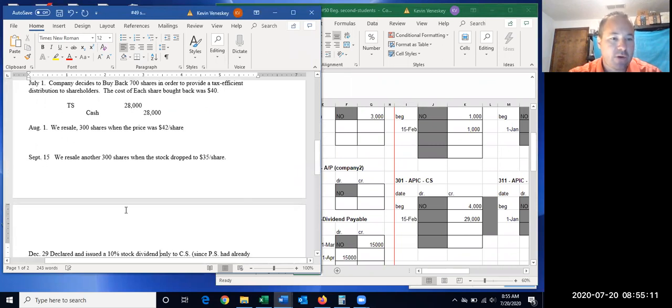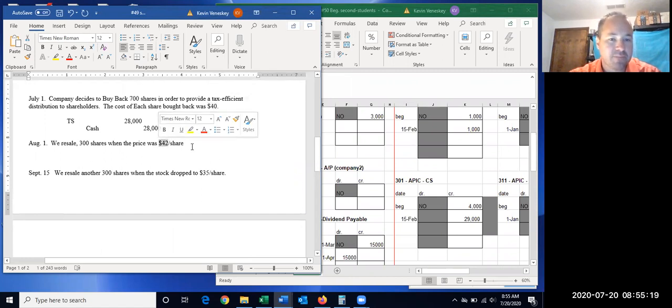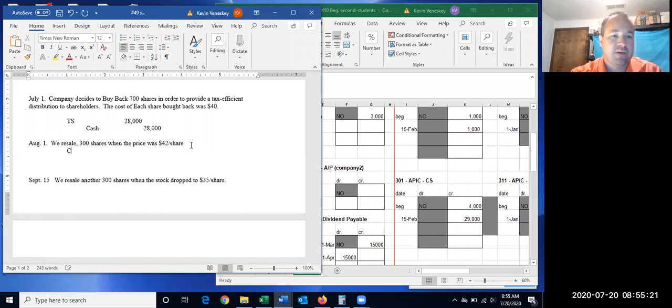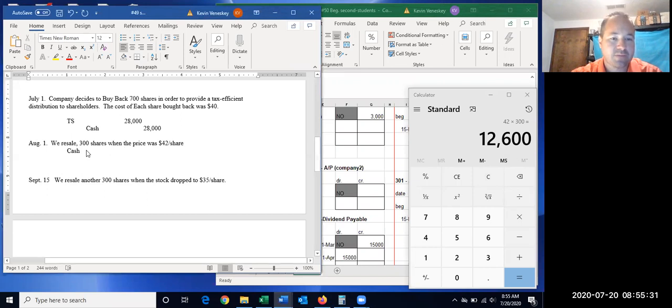Now it says we go ahead on August 1, we resell 300 of those shares at $42 a piece. So we're actually making money. That's nice. Debit our cash. Just do the 42 times 300. That's what we're bringing in, 12,600.